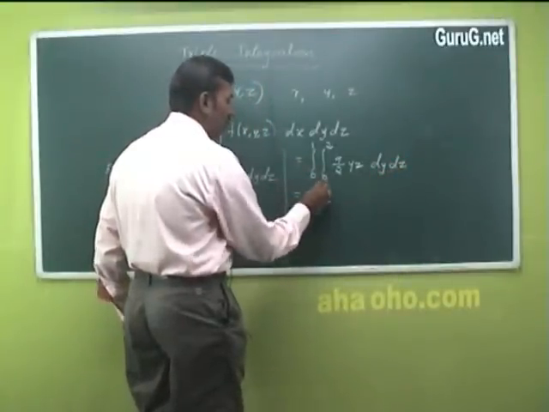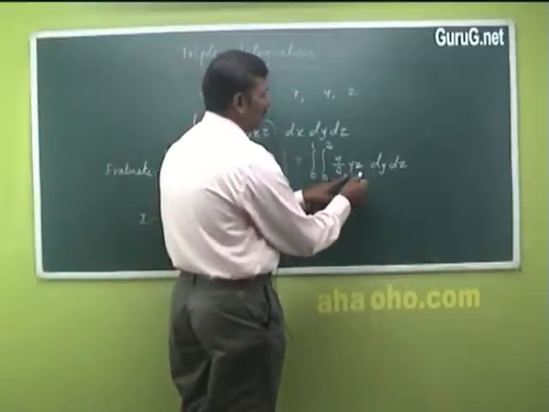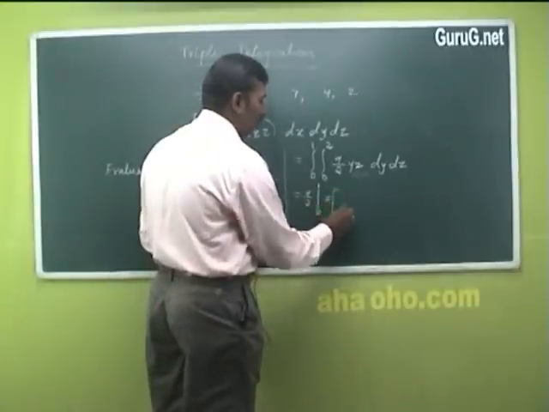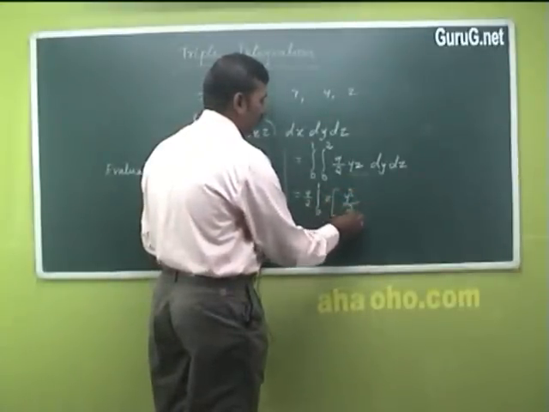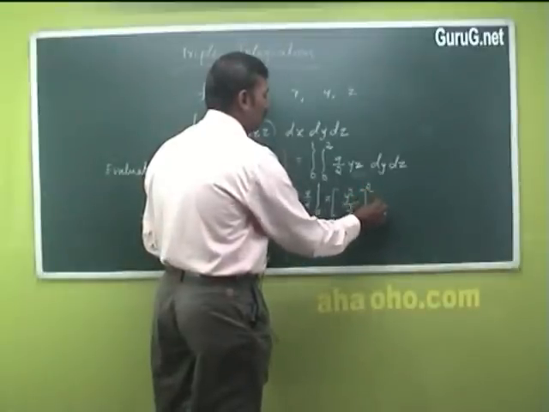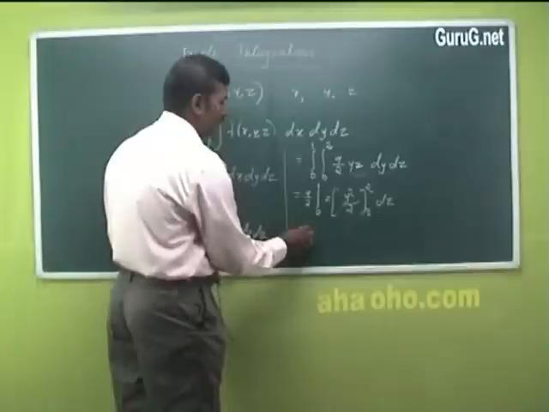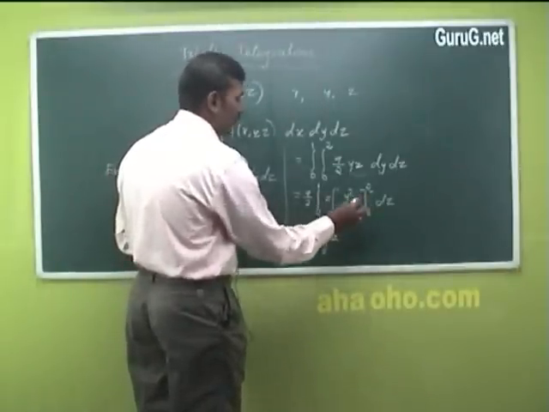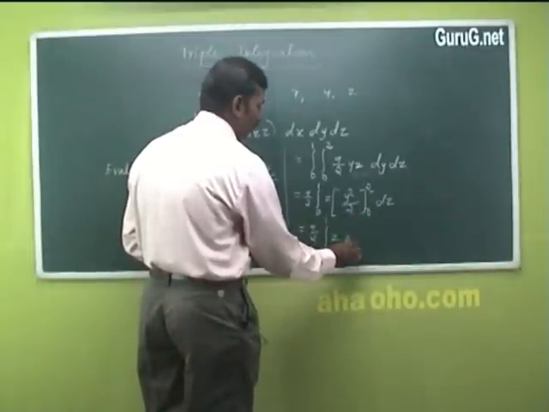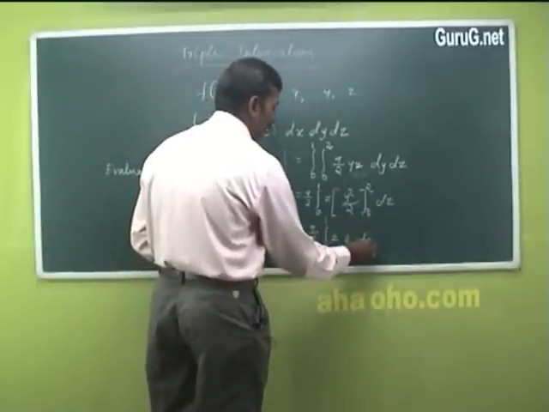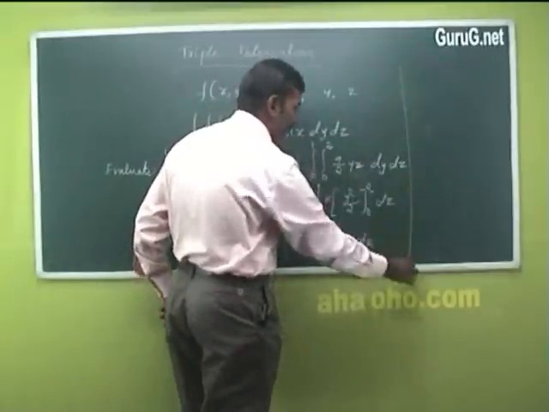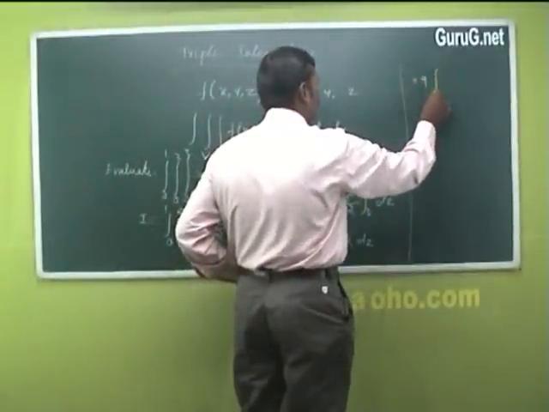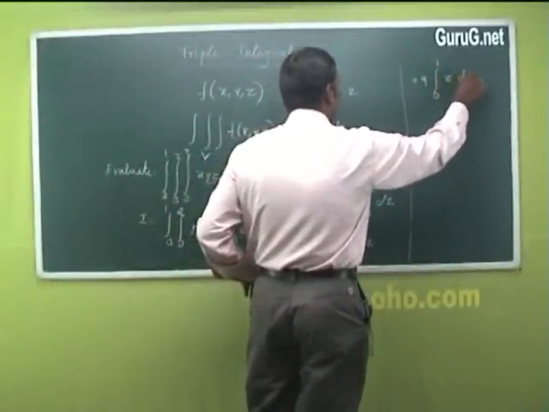Integral 0 to 1. Now integrate with respect to y, keeping z as constant. So z into y squared by 2, from 0 to 2, dz. 9 by 2, integral 0 to 1, z into, substitute the limits, 4 by 2 is 2, and substituting 0 gives 0, dz. Taking the 2 outside, we get 9 into integral 0 to 1 z dz.